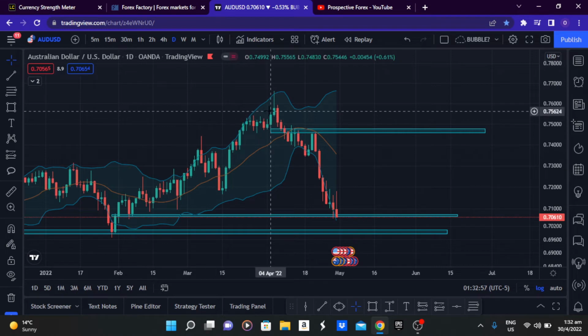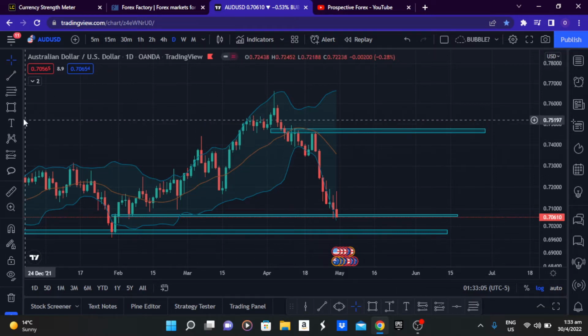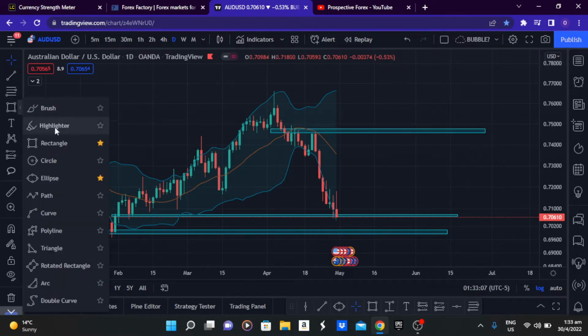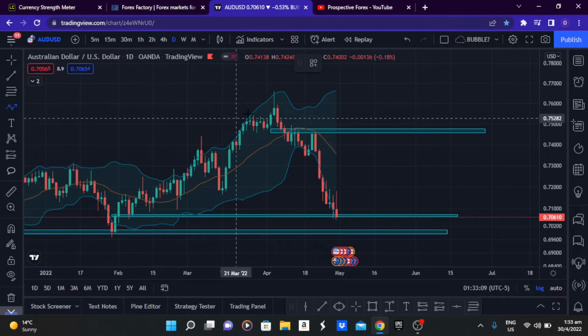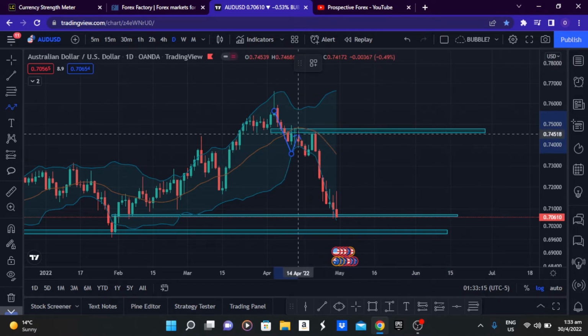You can see where price made the low here. Let me just get the demonstrations up. You can see where price broke here and then retraced.